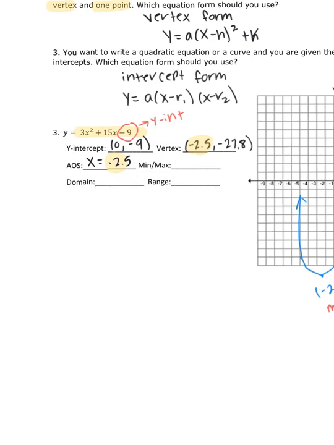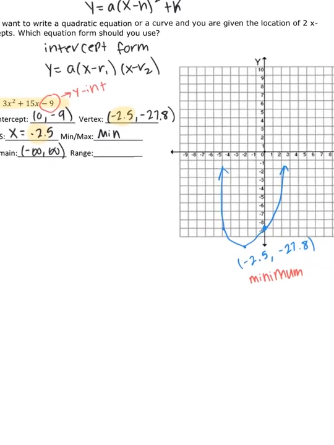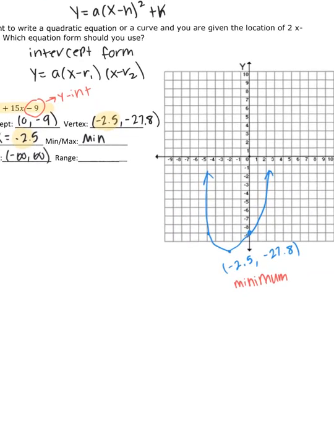Is it a maximum or is it a minimum? Well, we know it's a minimum because it's at the bottom of the graph. The domain for all of your parabolas is the same thing as it was last unit, so it's -infinity to +infinity. Your range, also similar to last unit: since this is a minimum, the bottom of the graph, range is all the y values.